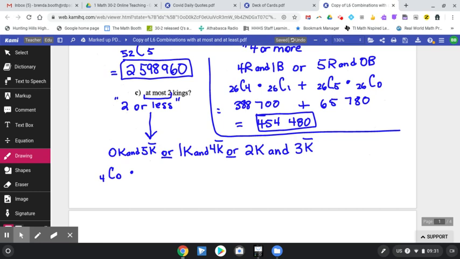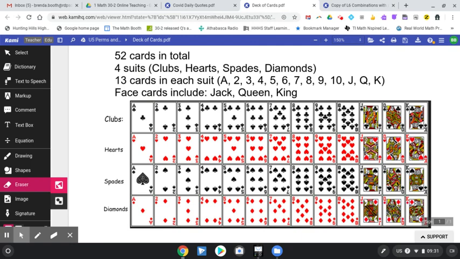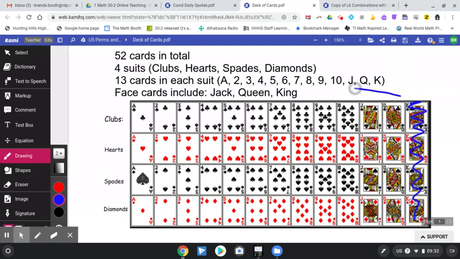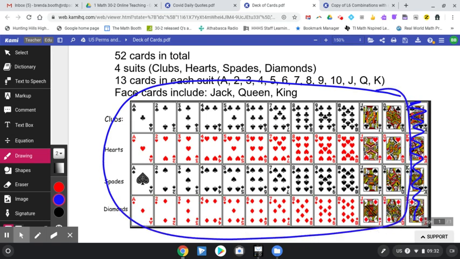So again, just for people who aren't familiar with the deck, here's the kings right over here. So if we took away all those kings, all of these other cards are the non-kings.